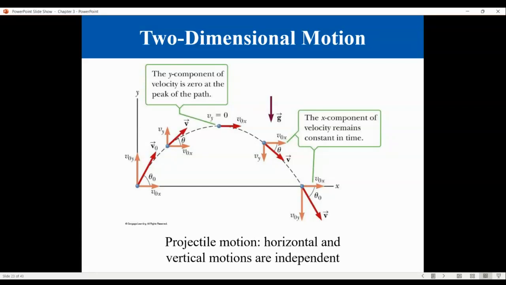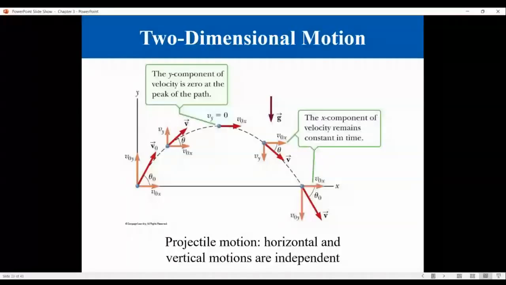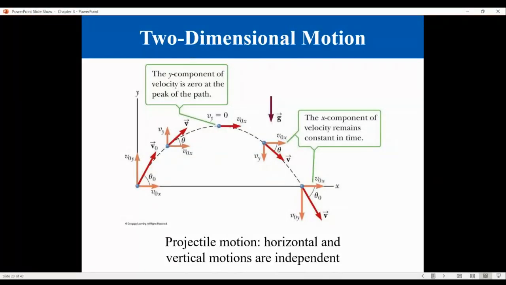But in 2 dimensions, we look at projectile motion, which is a common motion that occurs all over. You can obviously imagine this happening.